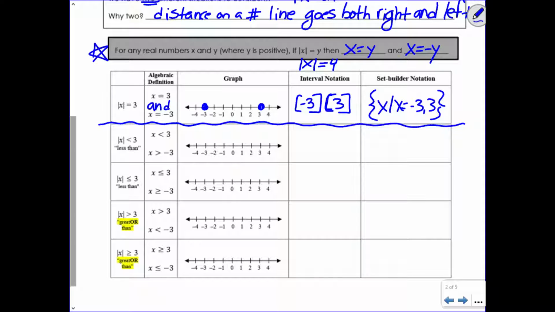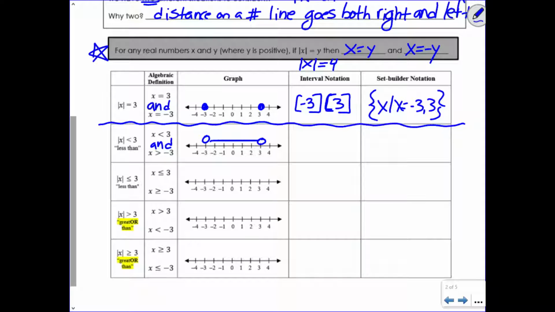All right, if I have that the absolute value of x is less than 3, I'm going to use the word "and" still. So this is saying that the distance from 0 is less than 3. So the number that you're using has to be less than 3 and greater than negative 3, in between those two ideas. So how do you think I would draw this? Yes.